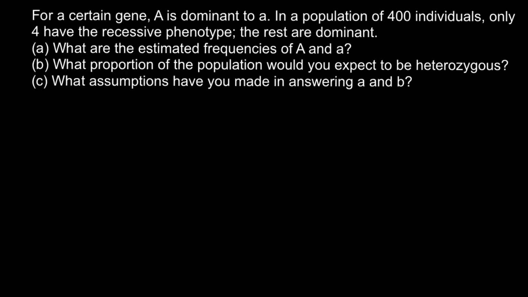We can answer this question if we use the Hardy-Weinberg formula, and this formula gives us proportions of 3 genotypes that can be made by 2 alleles. So here's the formula: p squared plus 2pq plus q squared, and all this equals 1.